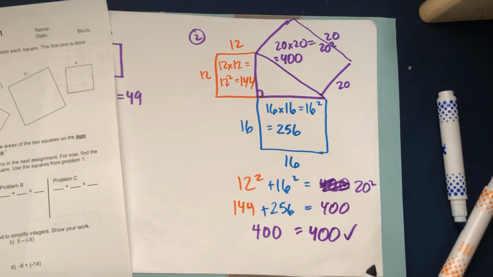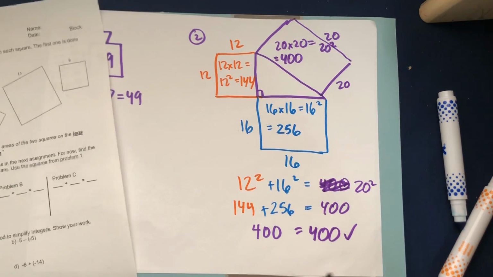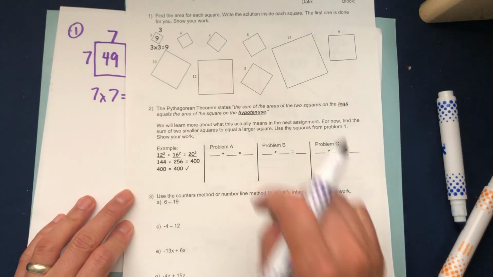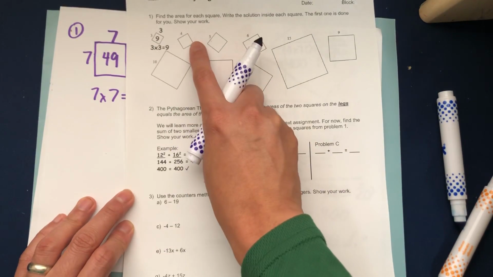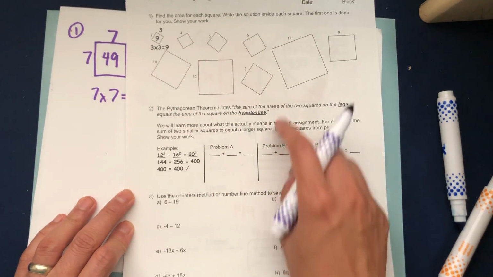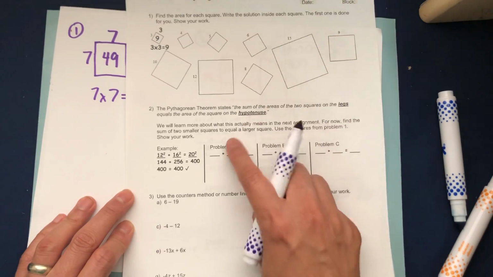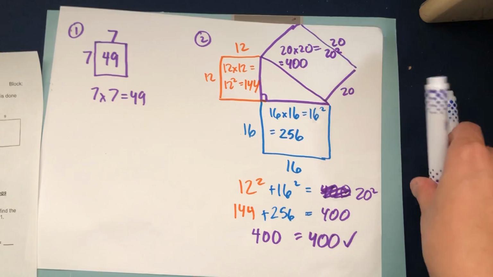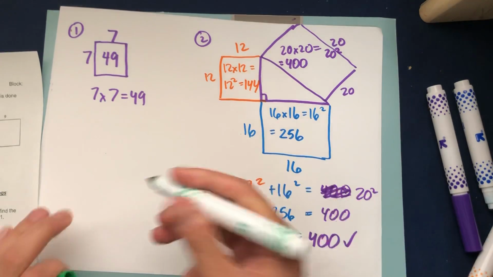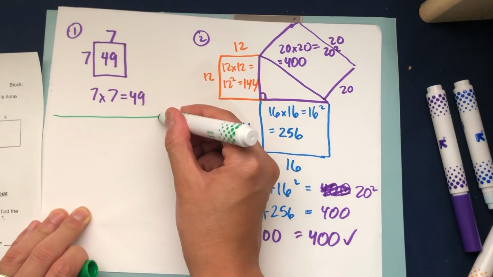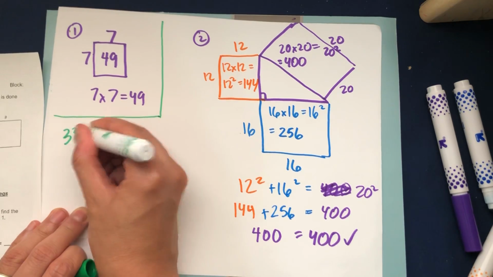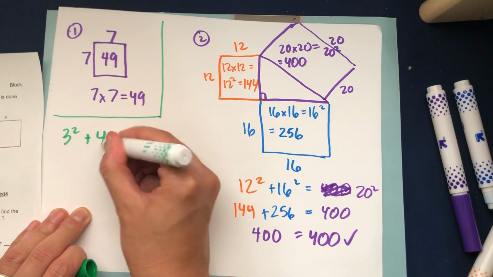We know that works. Let's experiment by picking 3 squares at random. Let's say I pick 3 squared and 4 squared. Does that equal 15 squared? So we're going to plug it into the equation. So we have 3 squared plus 4 squared.